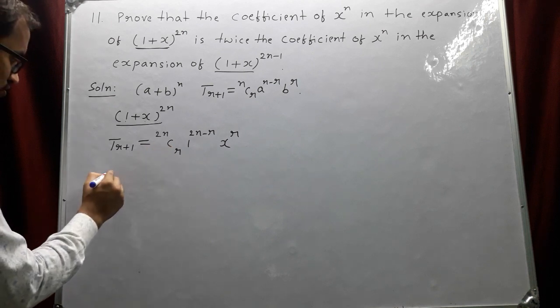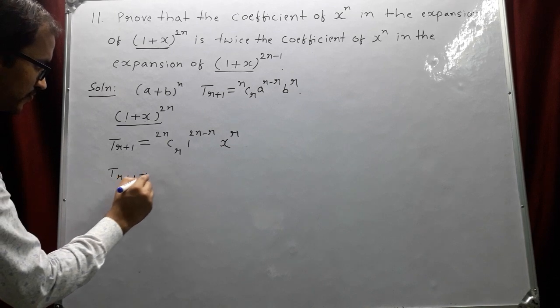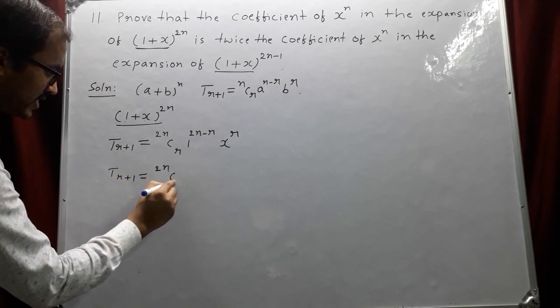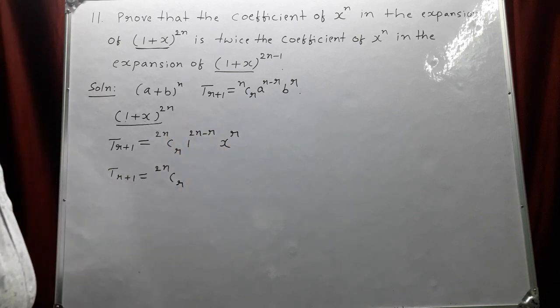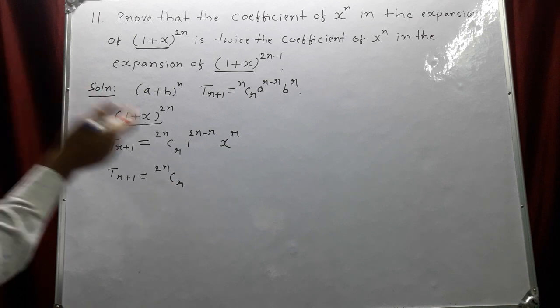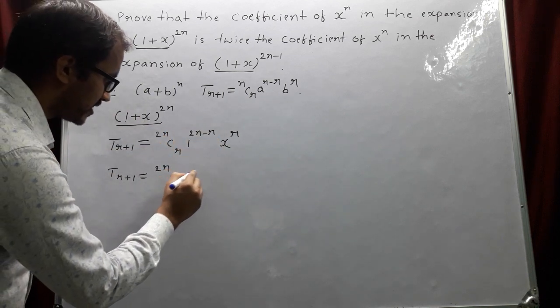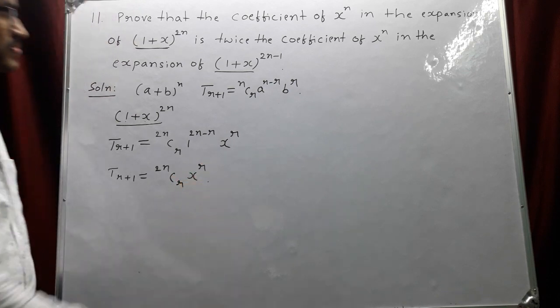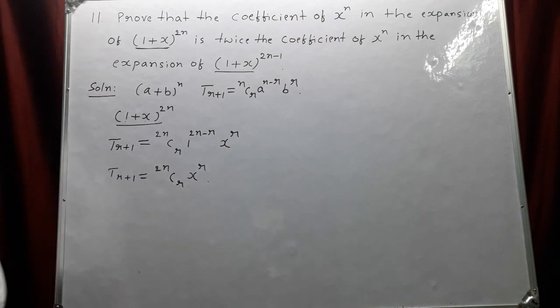So T(r+1) = 2nCr, 1^(2n-r). This value will be 1, as both n and r are positive integers. So we get x^r. We need the coefficient of x^n.